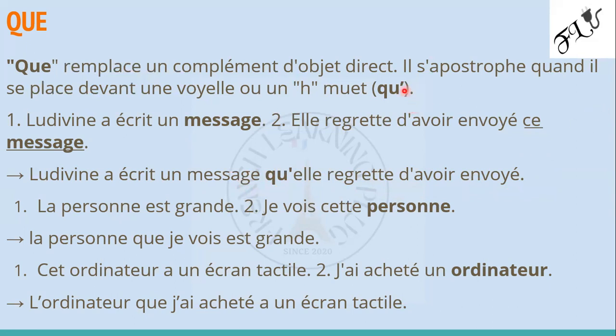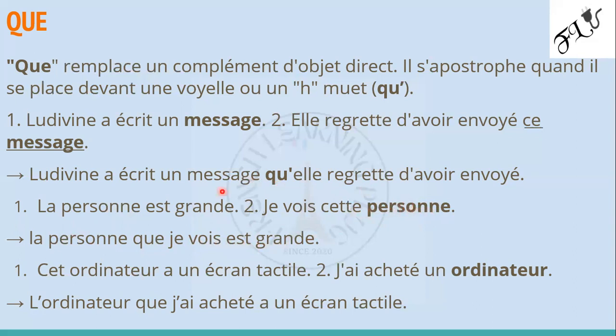Did you get that? Let's look at the second one. La personne est grande. Je vois cette personne. So this is the one we're replacing: cette personne. So, la personne que je vois est grande.